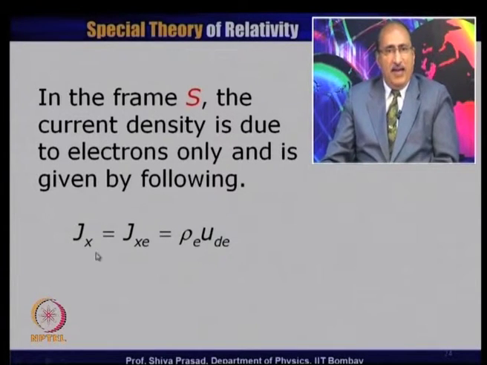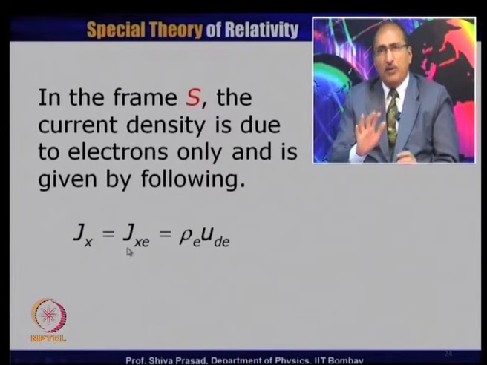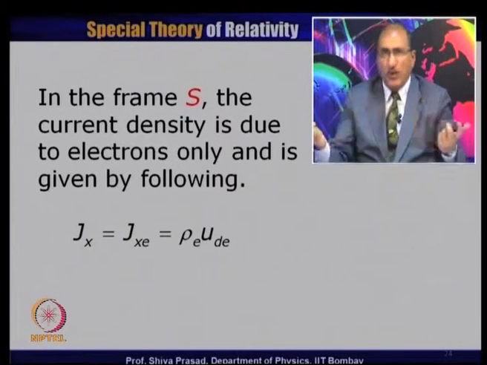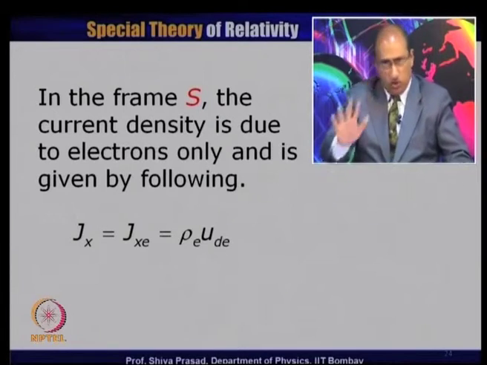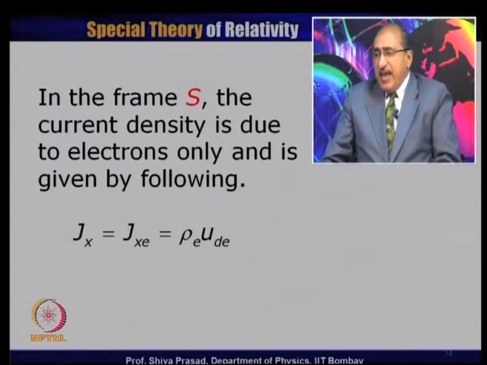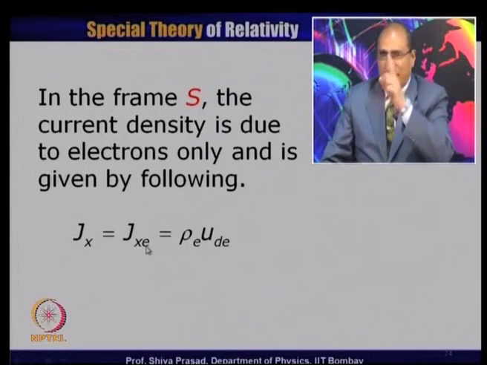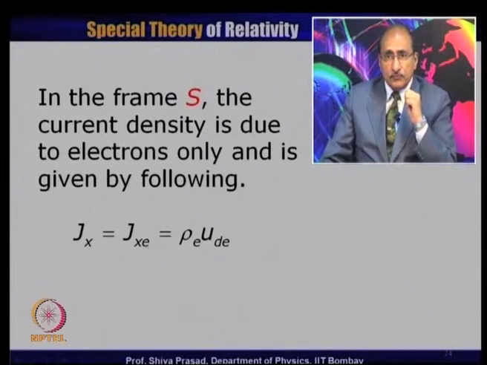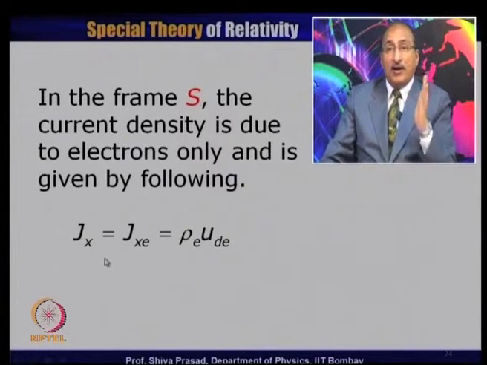Therefore, net current density I can write as equal to JXE. I am writing only the X component because the current density, I have been told, is only in the X direction. JXE I am using to mention the X component of the current density for negative charge carriers. And Jx is the overall, the net, the total current density.